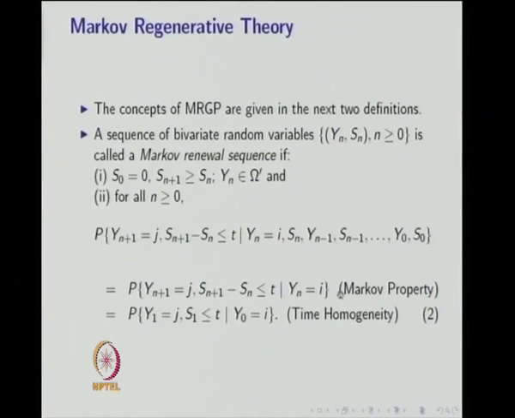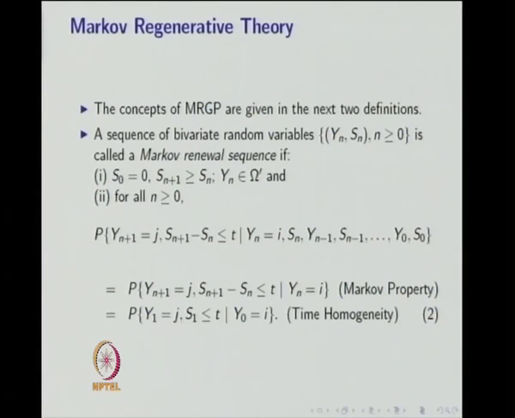Next, that is the same as the conditional distribution of, instead of Yn to Y(n+1), the distribution of Y0 to Y1. Because of time homogeneity, this conditional distribution is the same as the probability of Y1 equal to j, the first regeneration time point less than or equal to t, given that Y0 is equal to i.